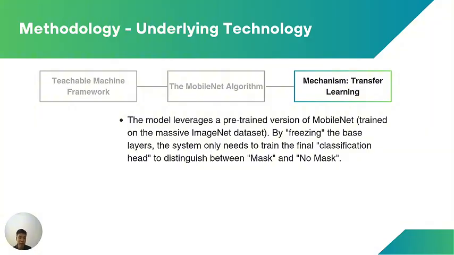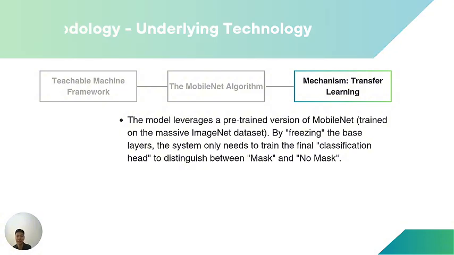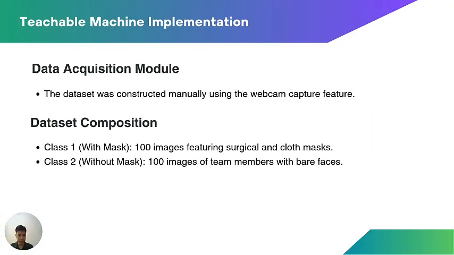The model leverages a pre-trained version of MobileNet trained on the massive ImageNet dataset. By freezing the base layers, the system only needs to train the final classification layer to distinguish between mask and no mask. So for the Teachable Machine implementation, data acquisition module, the dataset was constructed manually using the webcam capture feature.